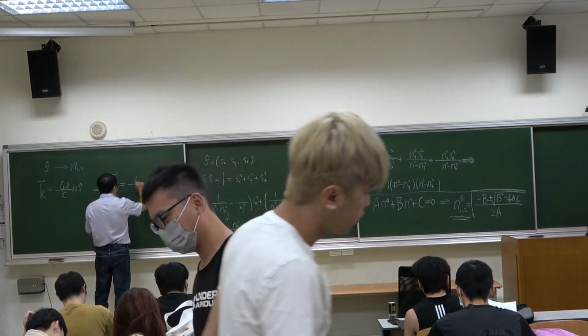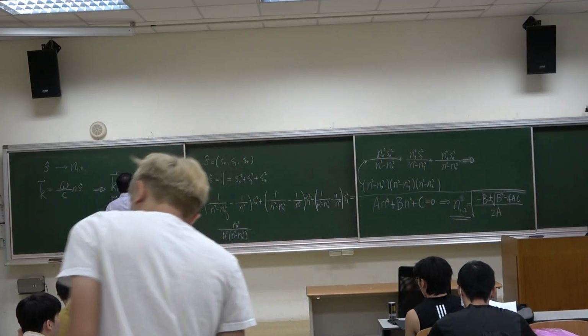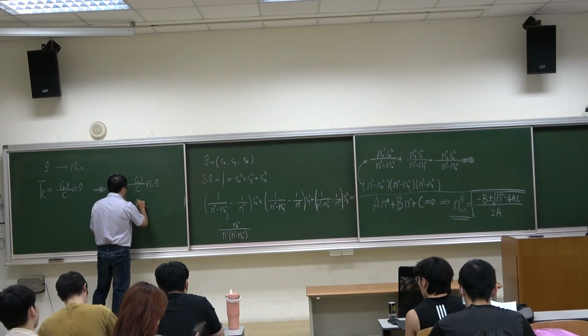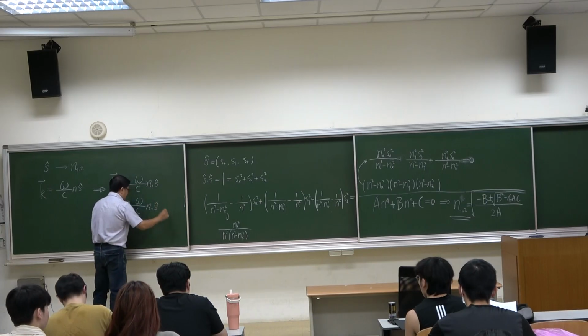The first one is omega over c times n1 times s. The second one is omega over c times n2 times s.